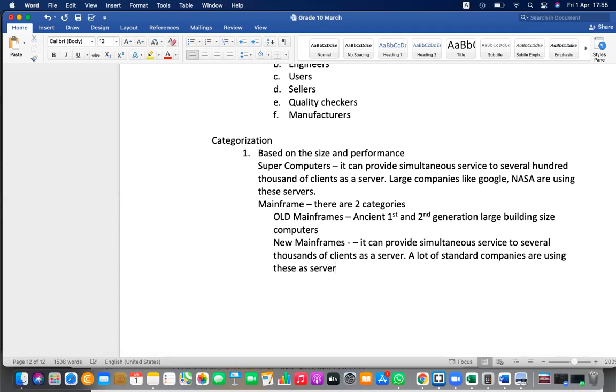I'll show you images of these. Then the third category is mini computers. First of all, please write down the first two.